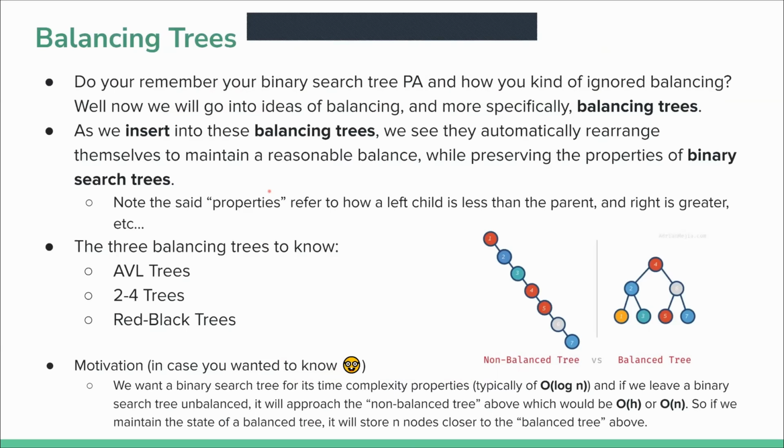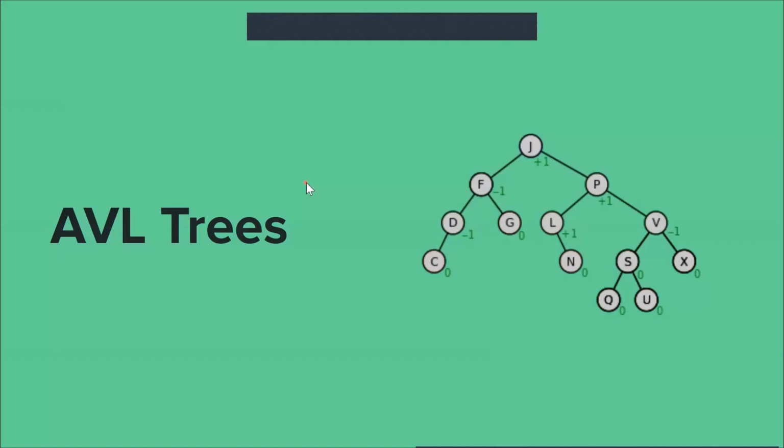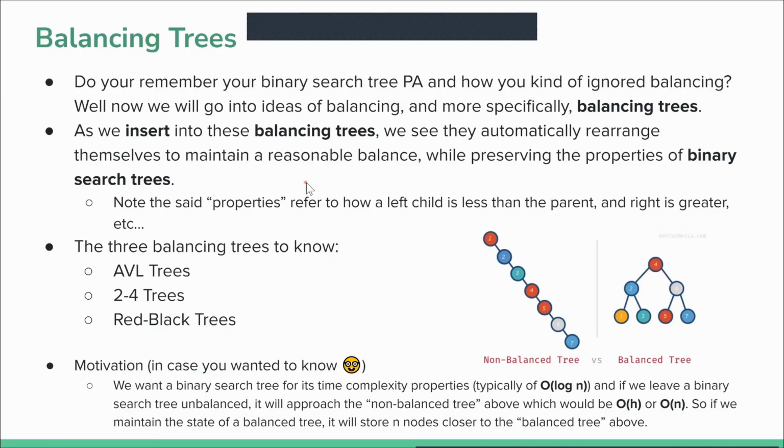If you guys remember, for our binary search tree programming assignment, we kind of ignored balancing. Some of you realized that these trees can technically approach this non-balanced tree right here. It's not really balanced. That problem we're dealing with, we're going to find the solution to, which is seen in balancing trees.